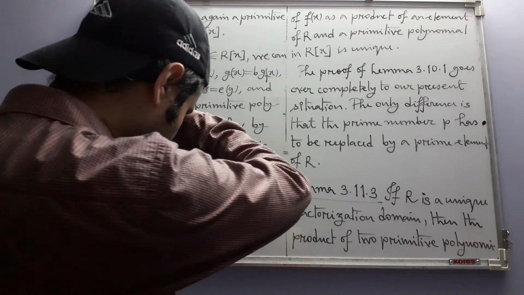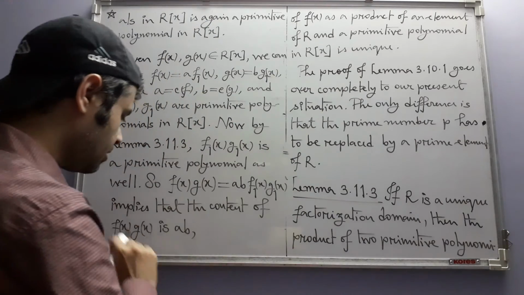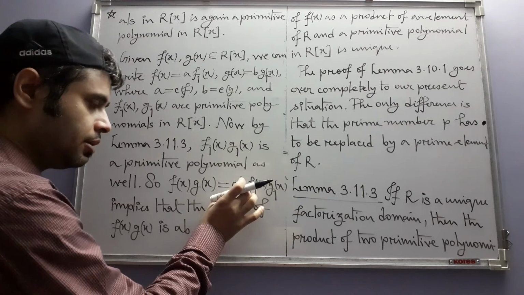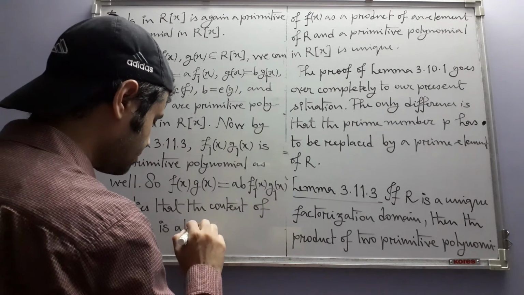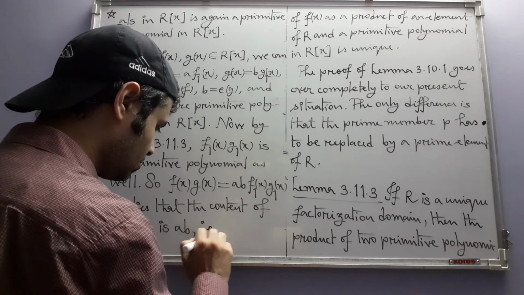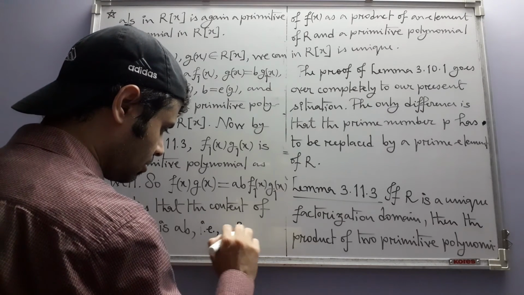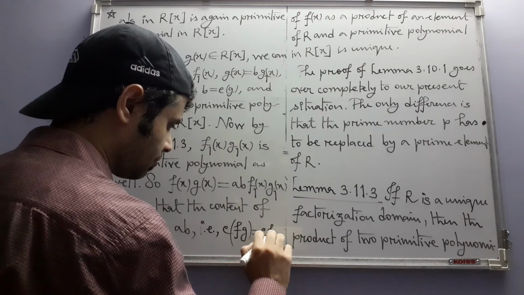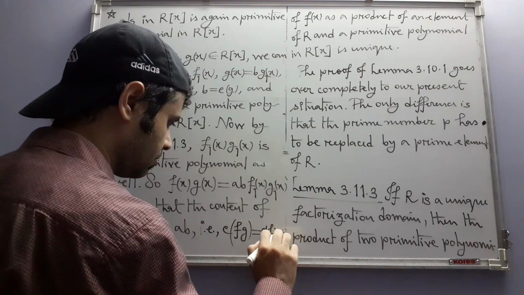So it's because of that uniqueness that the content of this has to also be equal to ab. That is, content of fg is equal to content of f times content of g.